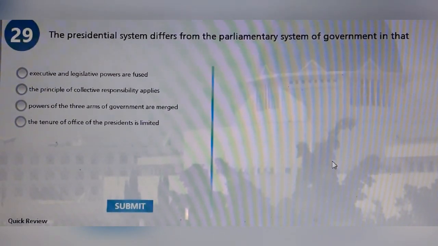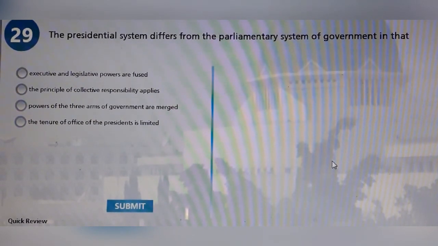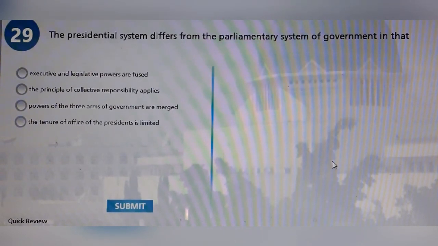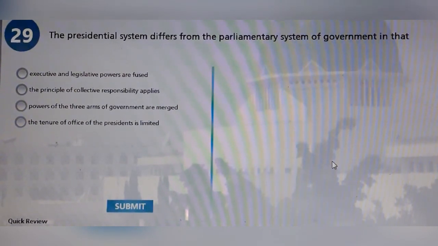Number 29. The presidential system differs from the parliamentary system of government in that A, executive and legislative powers are fused, B, the principle of collective responsibility applies, C, powers of the three arms of government are merged, D, the tenure of office of the president is limited.